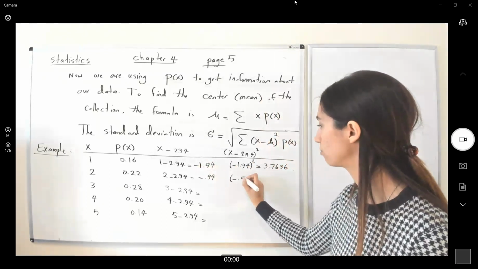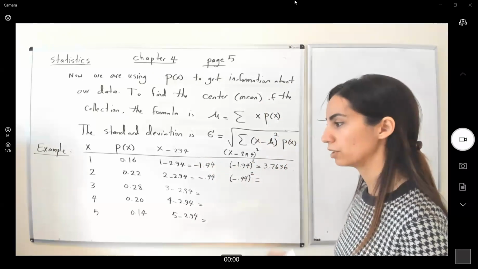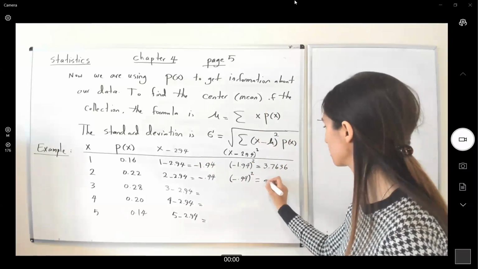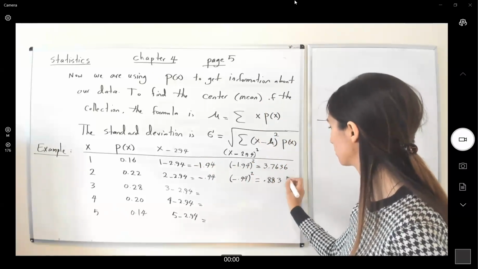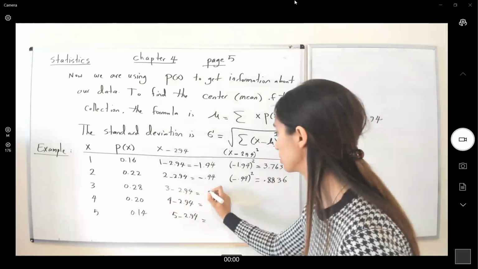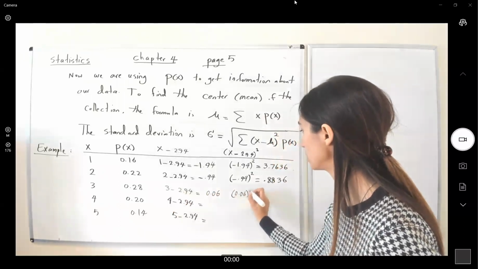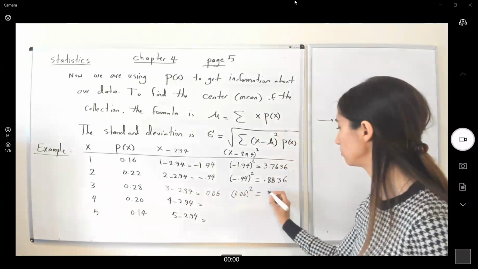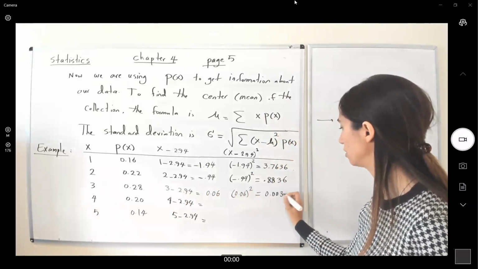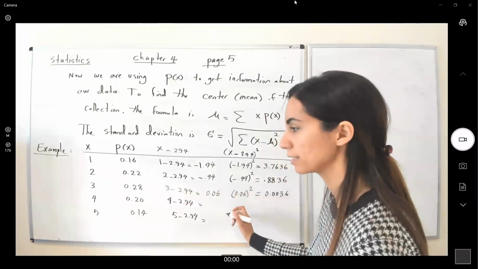Now negative 0.94 raised to the second power is 0.8836. Now we do the subtraction here, 0.06 and 0.06 raised to the second power gives you 0.0036.